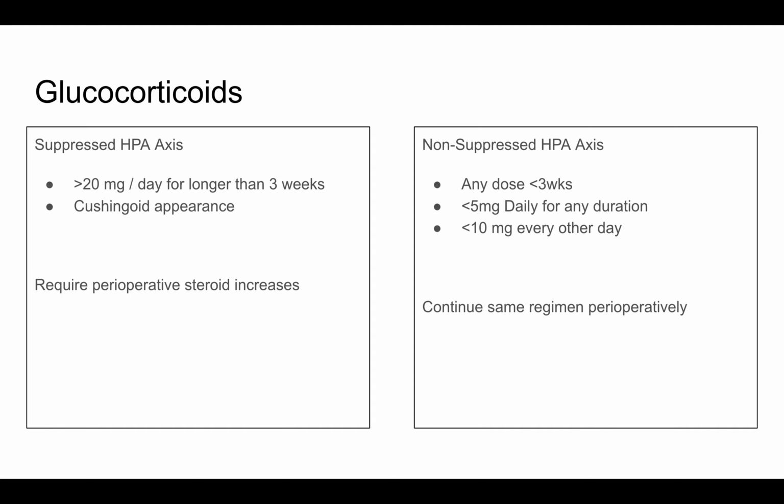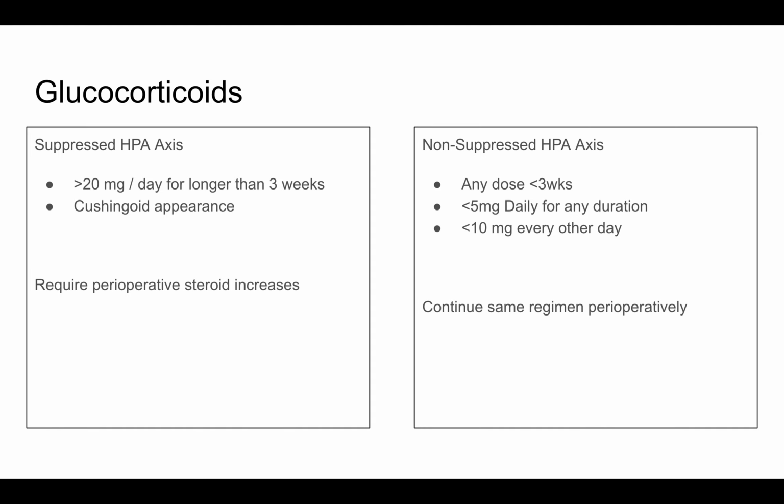Patients who are likely not to have a suppressed HPA axis are patients who have taken steroids at any dose for less than 3 weeks. If it's been less than 3 weeks, regardless of their dose, they likely do not have a suppressed HPA axis. If they're on less than 5 milligrams a day for any duration of time, those are also patients that likely do not have a suppressed HPA axis.